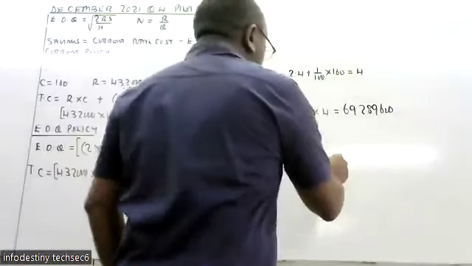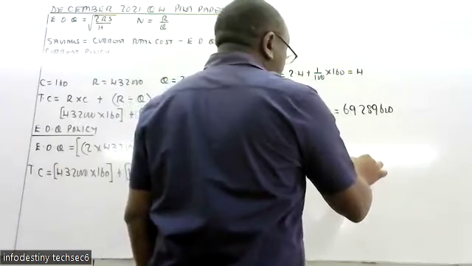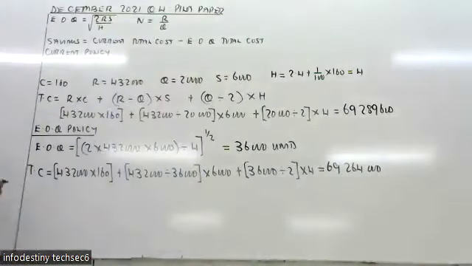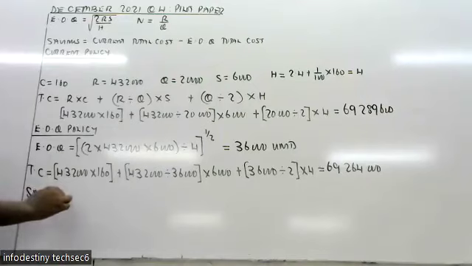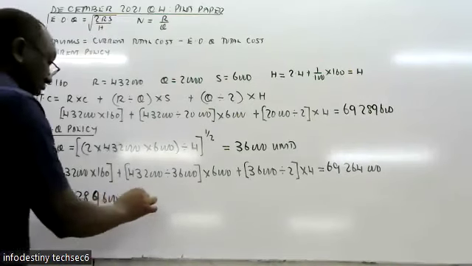That gives 69 million 264,000. Okay, so therefore the savings. So the savings then will be 289,600 minus 264,000.